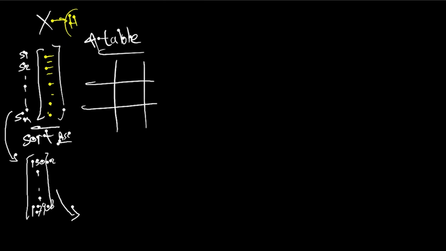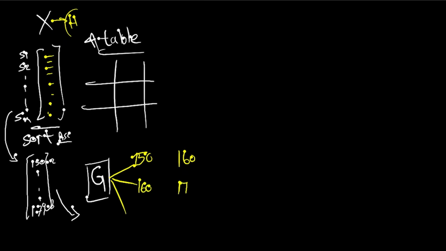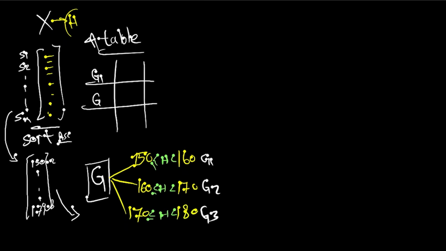Next thing you may want to do is create groups. In this case, maybe you decide to create 3 different groups, 150 to 160, for example, and then from 160 to 170, and maybe from 170 to 180. So here's my G1 group, here's my G2 group, and here's my G3 group.